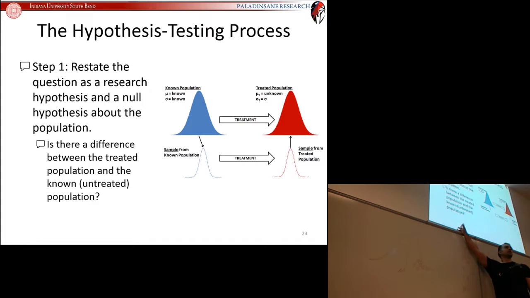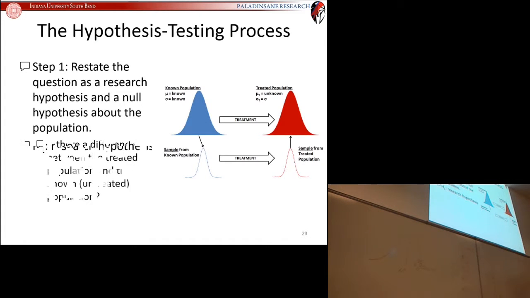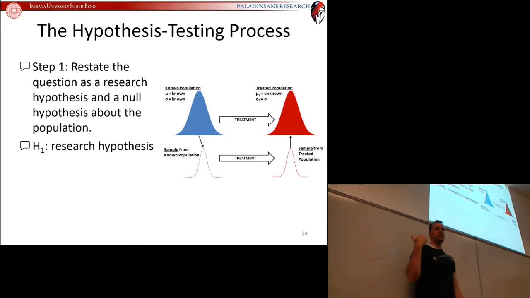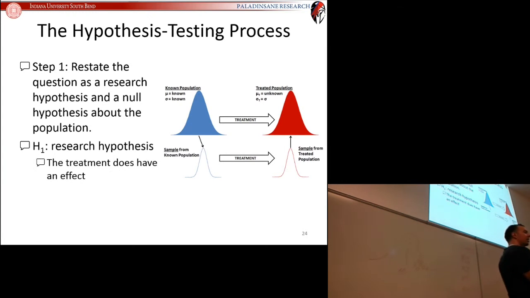This is an English sentence that cannot be tested in statistics. First thing we need to do is we need to translate this question into something statistics can actually analyze. We need to translate it into a null hypothesis and a research hypothesis. The research hypothesis can be stated as, or the idea behind the research hypothesis is that your treatment has an effect.